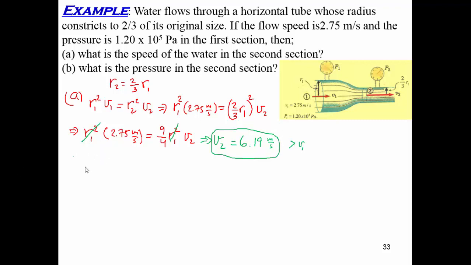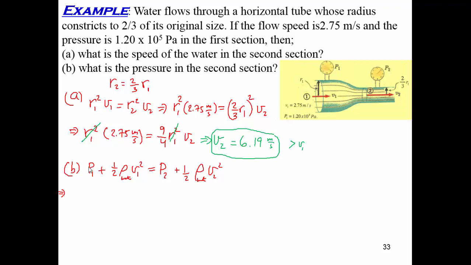Okay, in part B, this is a horizontal pipe, so we don't need to include the change in Y. So P1 plus 1/2 times the density of water times V1 squared equals P2 plus 1/2 times the density of water times V2 squared. And now we can go ahead and plug in the values.